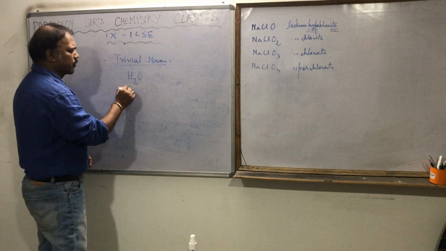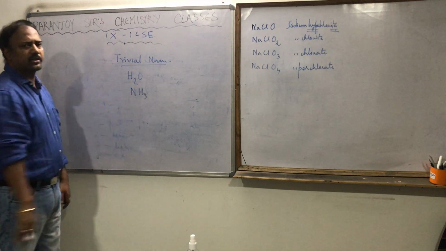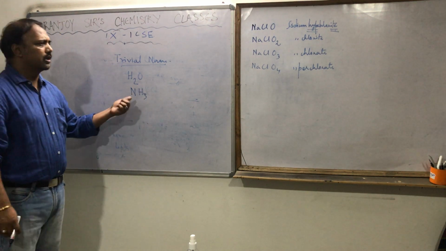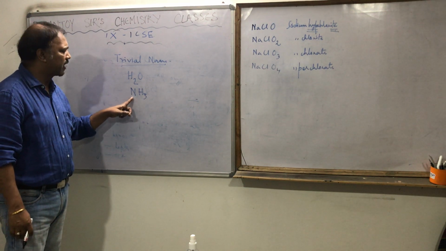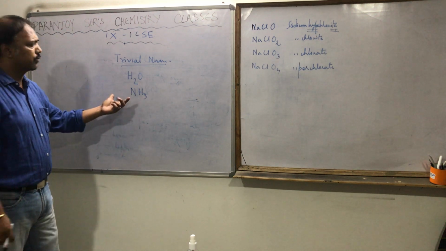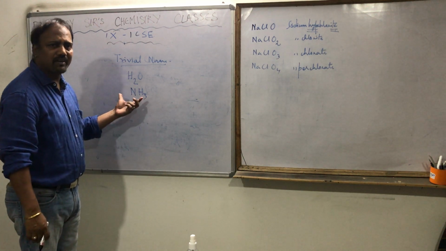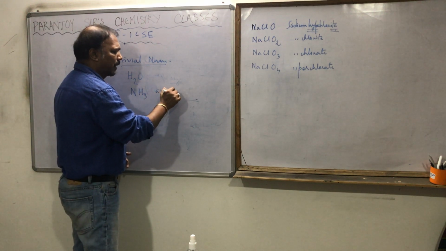Or for example, suppose NH3. Two non-metals are there. If I follow the rule, the name of this should be nitrogen trihydride. But do we say it as nitrogen trihydride? Certainly not. We call it ammonia.